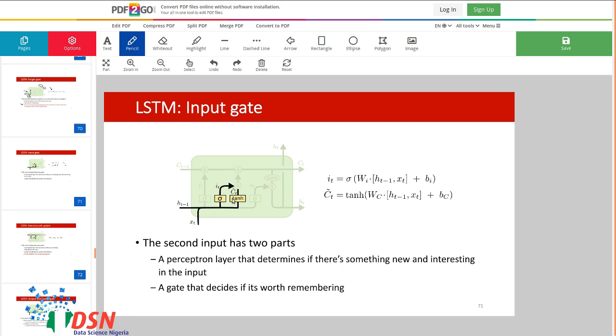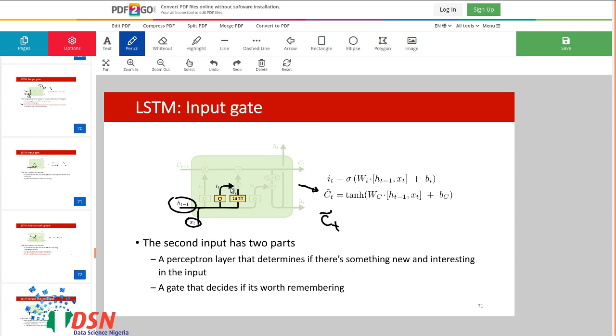Then we multiply that by C tilde, which is in fact a perceptron unit applied on the hidden state and the input.